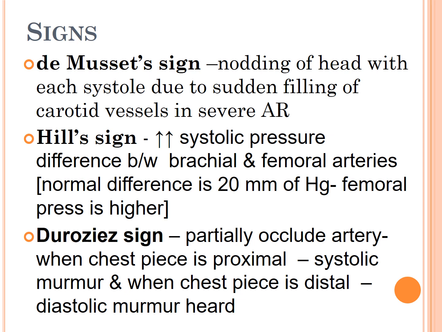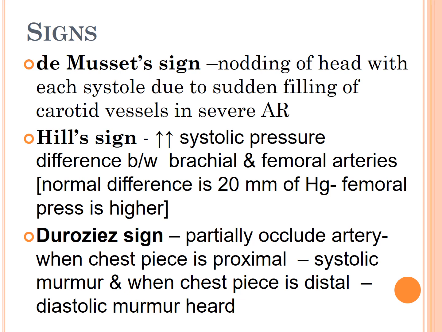Number one is de Musset sign. This is nodding of the head with each systole, which is due to sudden filling of carotid vessels in severe aortic regurgitation. Another is Hill sign, increased systolic pressure difference between the brachial and femoral arteries.